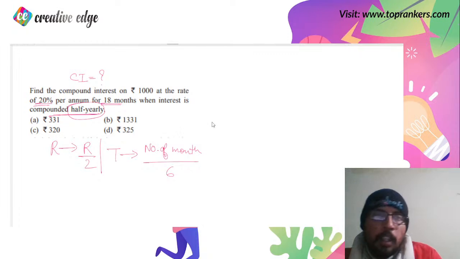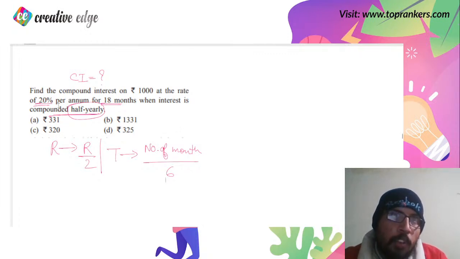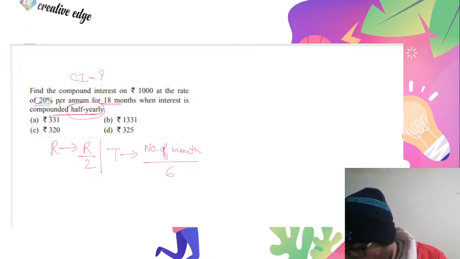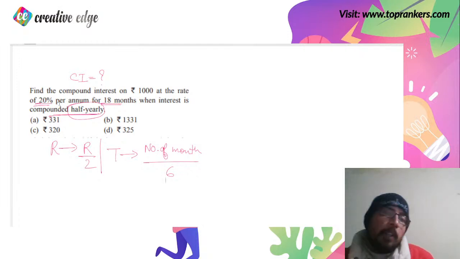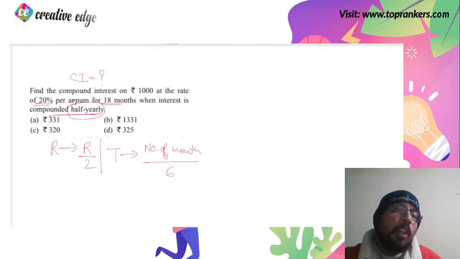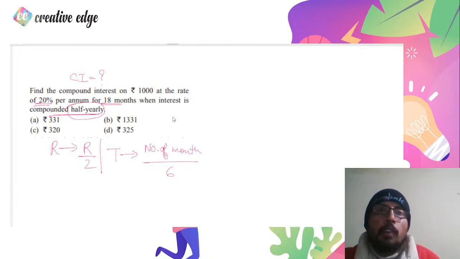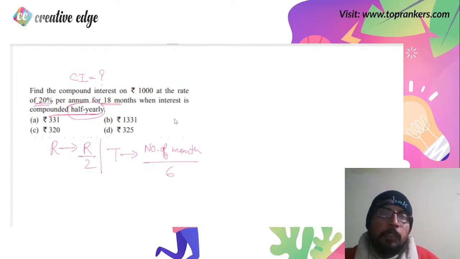No, but for quarterly, by which number will you be dividing? 3 or 4? I am waiting for a response. So for quarterly, you should be dividing by 4, right?